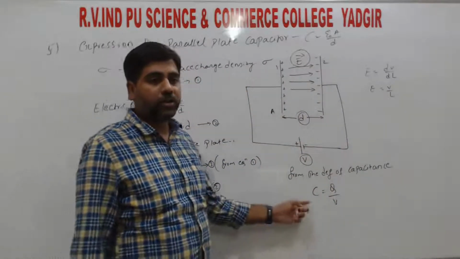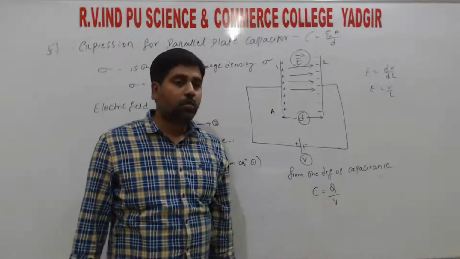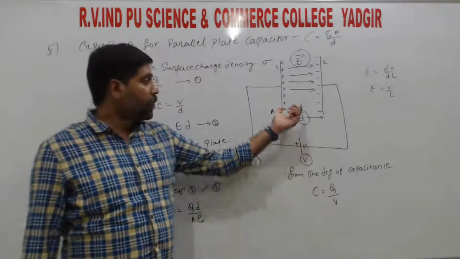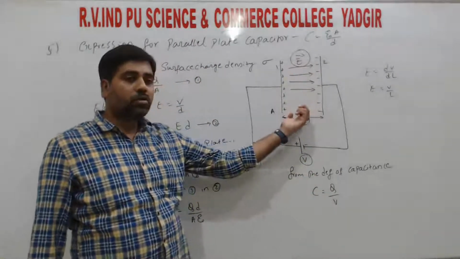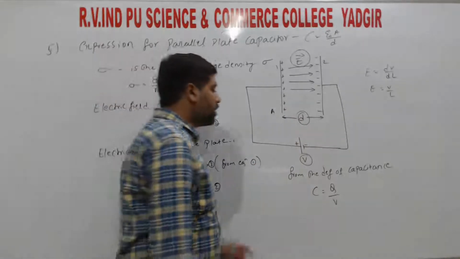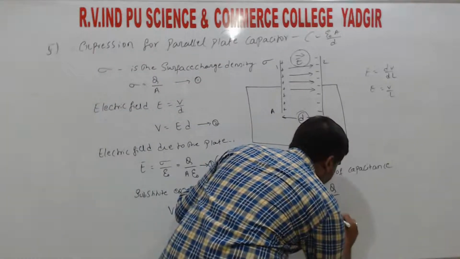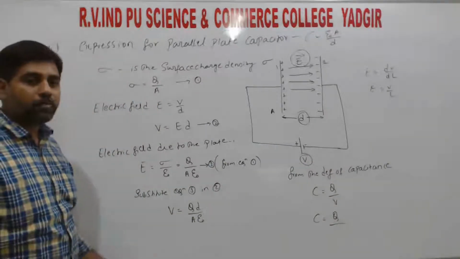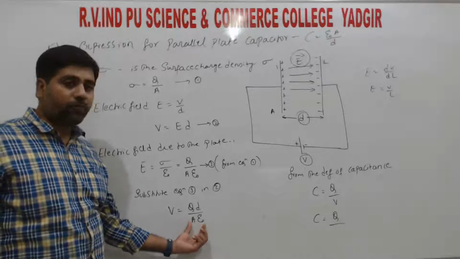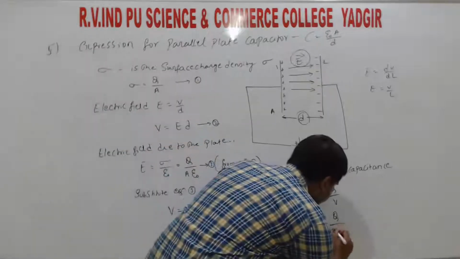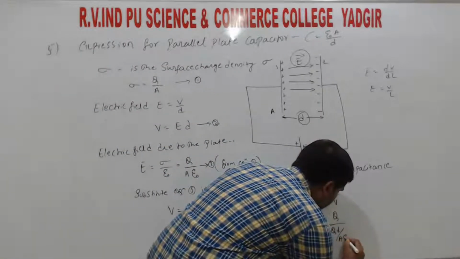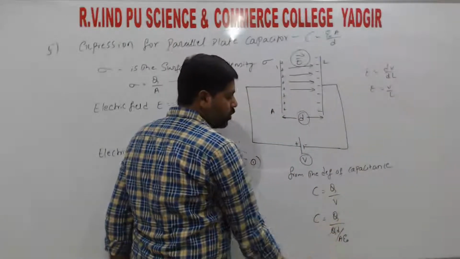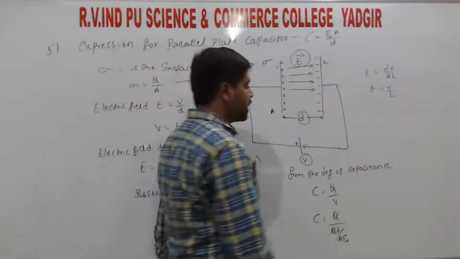This is from the definition, it is the ratio of the charge to the potential. So C is equal to Q by V, where C is the capacitance we are finding between the two parallel plate conductors. So from the fourth equation we have the value of V, that is QD divided by A epsilon naught.